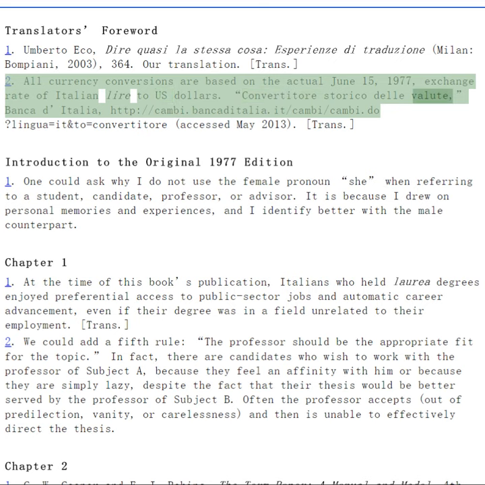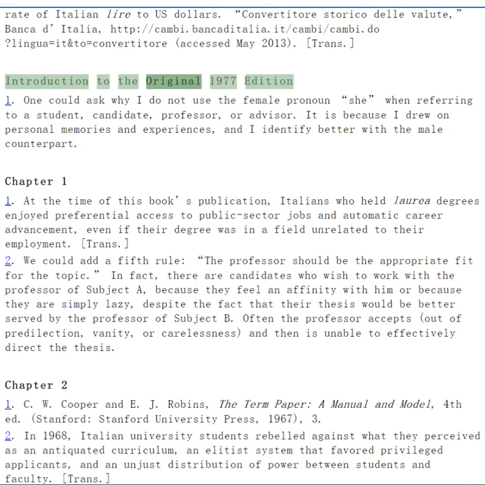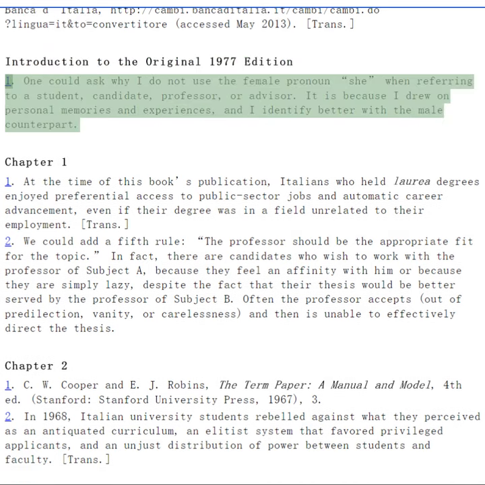Convertitore storico della valuta, Banca d'Italia. Introduction to the original 1977 edition. 1. One could ask why I do not use the female pronoun she when referring to a student, candidate, professor, or advisor. It is because I drew on personal memories and experiences, and I identify better with the male counterpart.